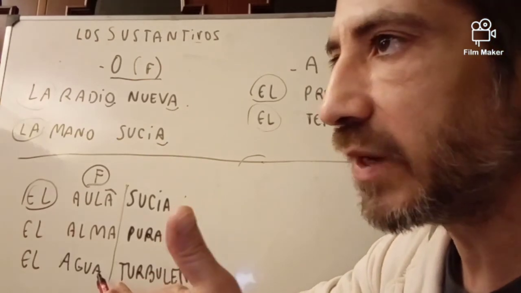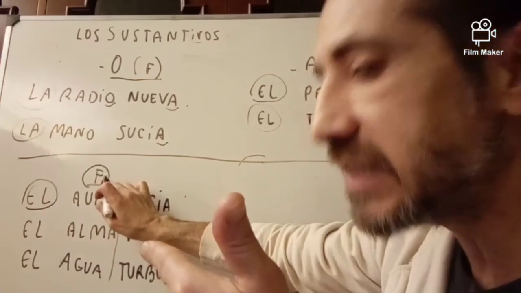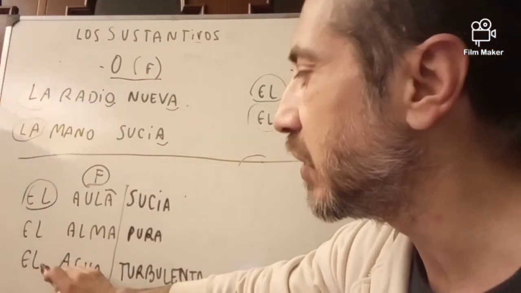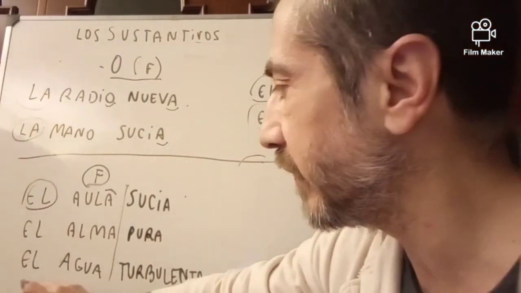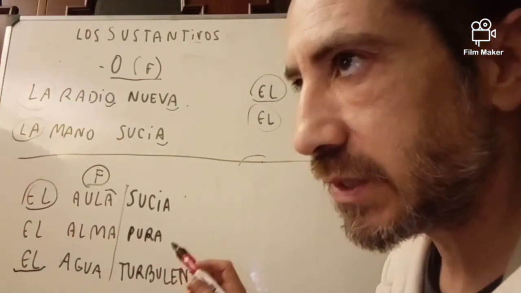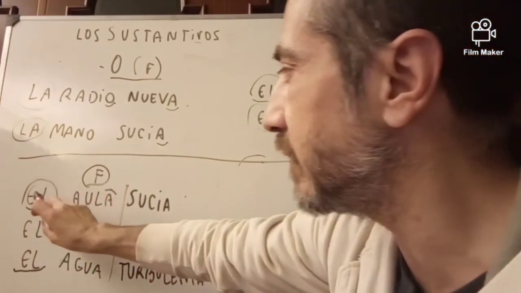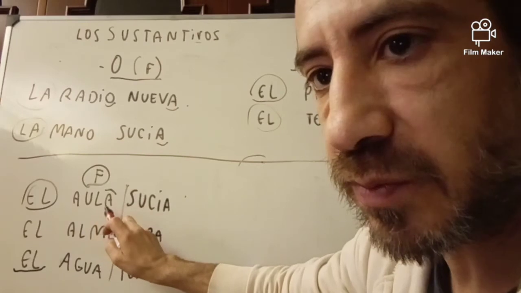So at first one could say it's feminine. I mean, it is feminine, but it doesn't take the feminine article. To avoid cacophony, we say el agua and not la agua. But when we modify the word, we use it in the feminine form. So it's special because we say el aula sucia, the dirty classroom.